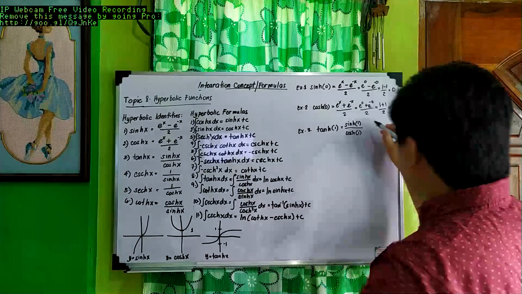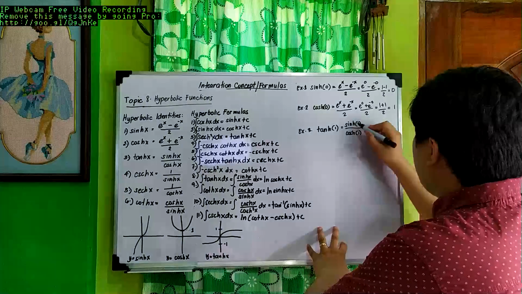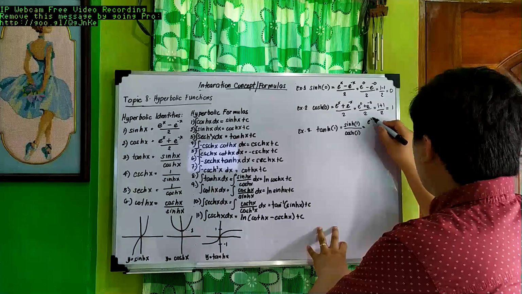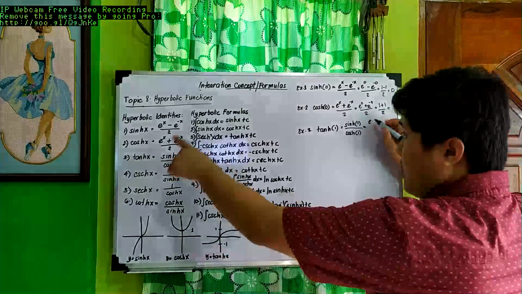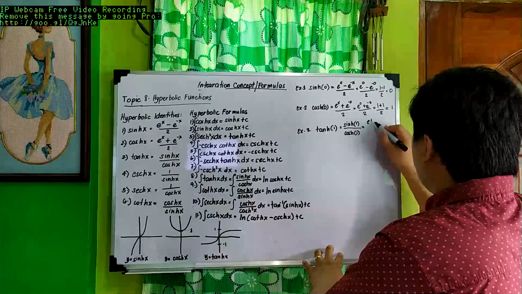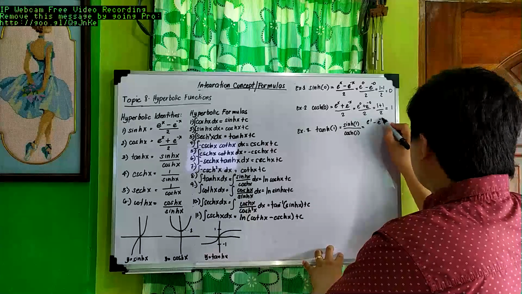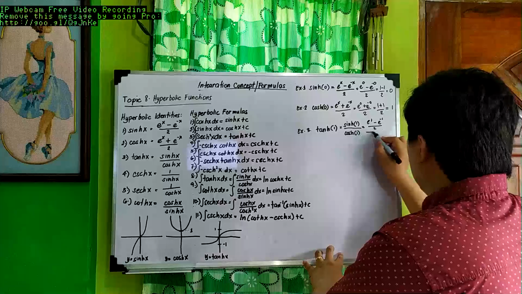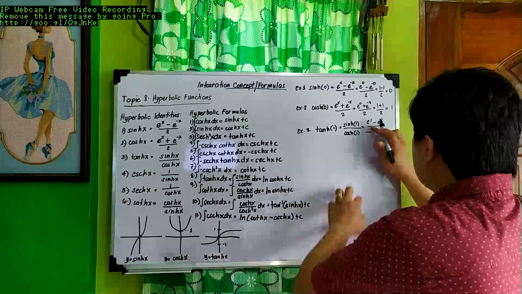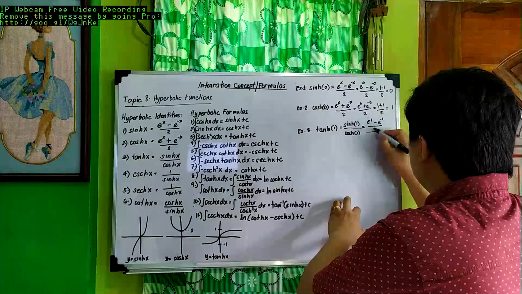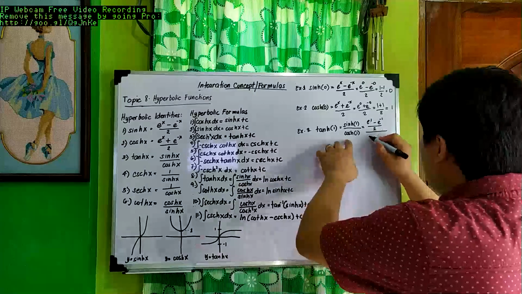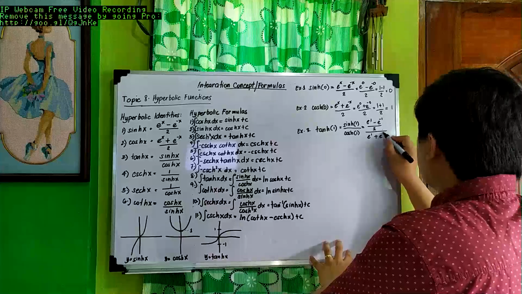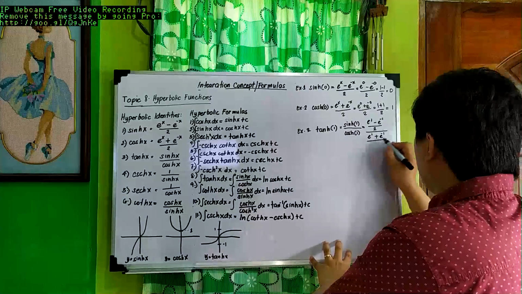And then this one is equivalent to e raised to the power of 1, where x is equivalent to 1, minus e raised to the power of negative 1 over 2, over e raised to the power of 1 plus e raised to the power of negative 1 over 2.